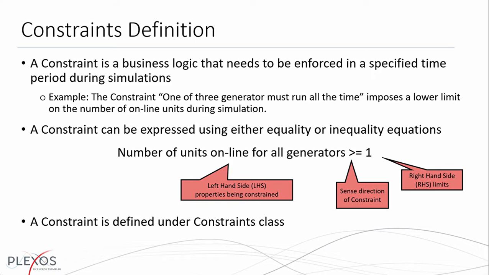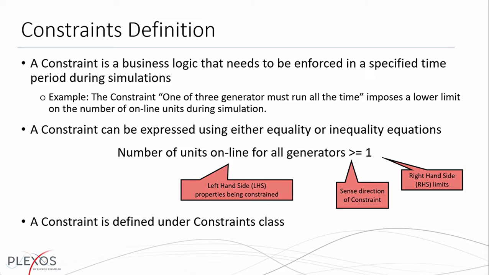As an example, a constraint to enforce the condition that at least one of the three generators can run at any given point in time can be written as an equation with either an equality or an inequality. The left-hand side generally contains coefficients of the properties to be constrained, while the right-hand side is the constant value or limit of the constraint.